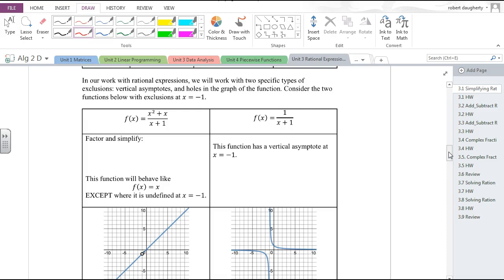Can I factor this? Yeah, what do they have in common? They both have an x in common. So this is x times x plus 1 divided by x plus 1. Now I've got the numerator fully factored, the denominator fully factored. Now I can look and see if it simplifies. Can you see any simplification there?